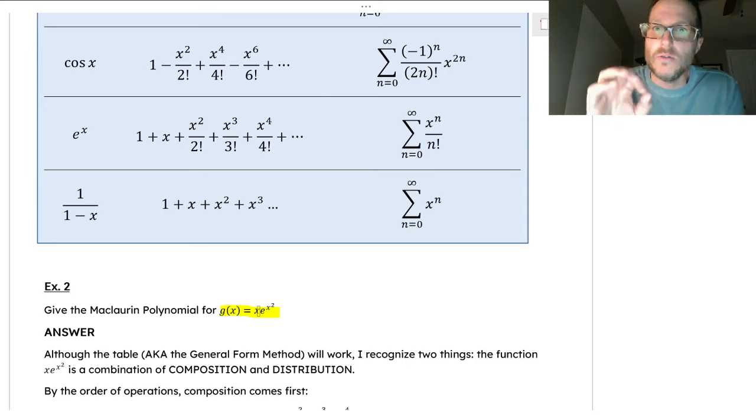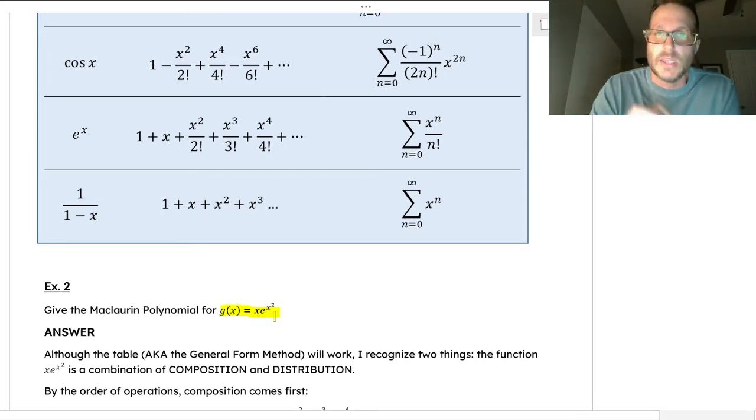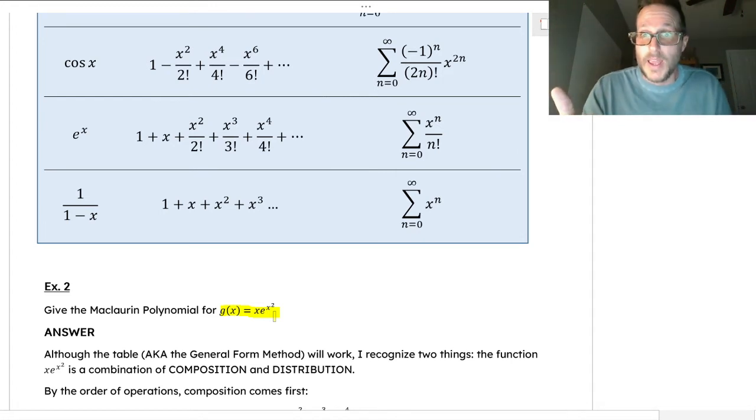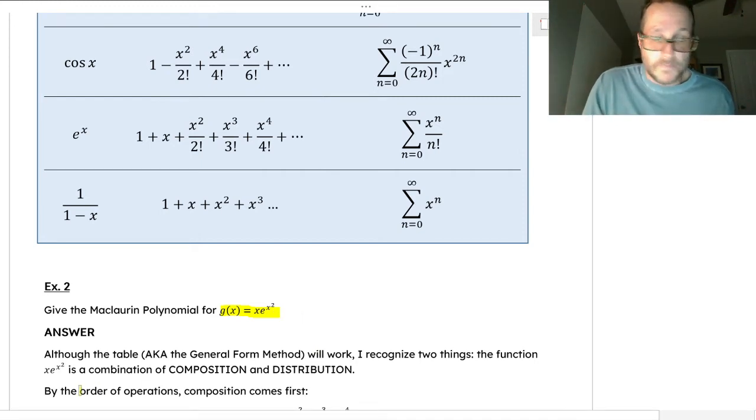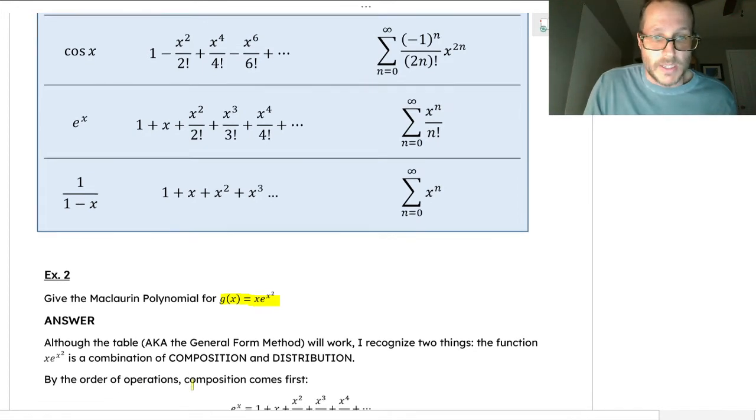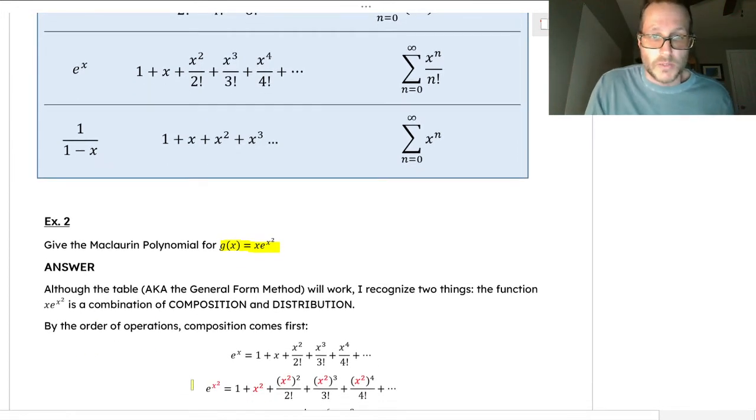What we do need to recognize is that e to the x squared is a composition of functions, and then multiplying by x is just multiplying the whole critter by x. So it's a mixture of composition and distribution. With the order of operations in mind, the first thing we would want to do is composition first.